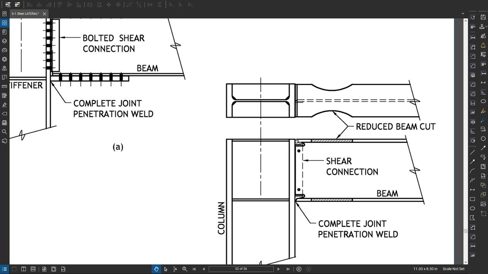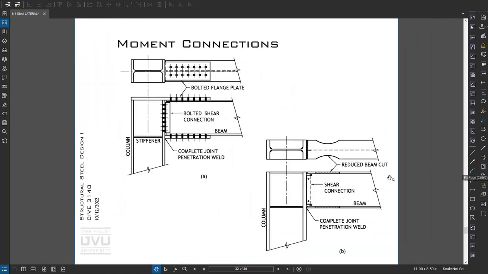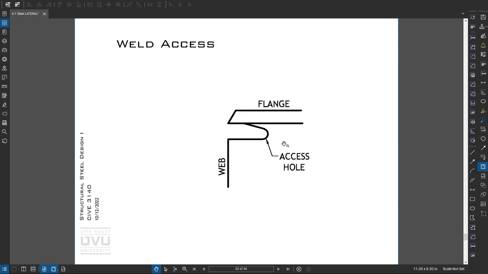They still suck, so there's better connections than these, but they're used quite a bit. Weld access hole, AISC has a definition on all of the geometry here, so now if you call that out as an AISC weld access hole for seismic connections, then the detailer will know how to lay that out.